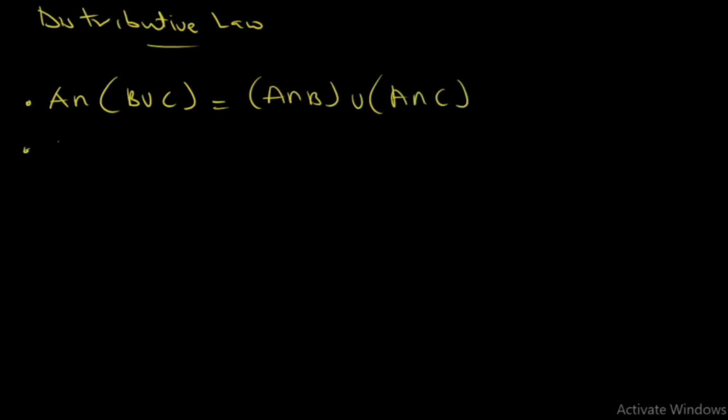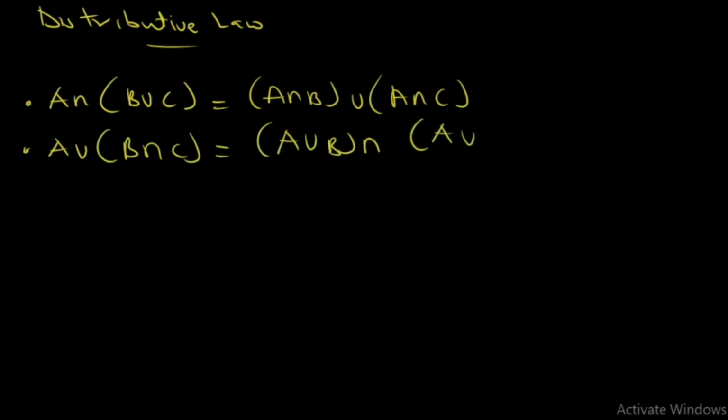And for A union (B intersection C), we have that (A union B) intersection (A union C). So this is the distributive law.